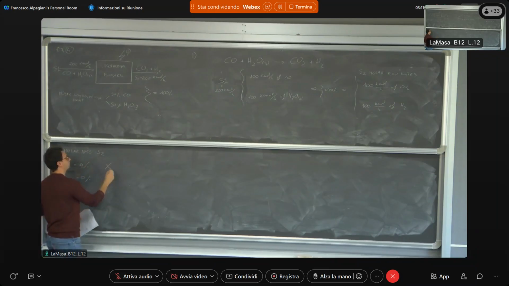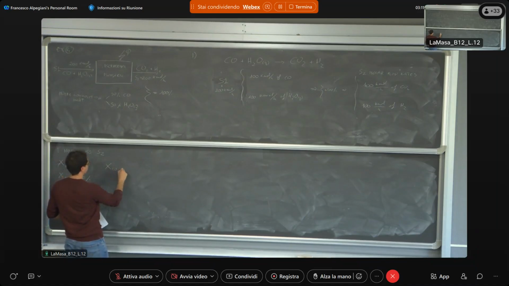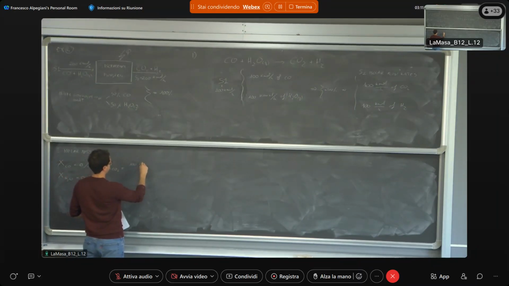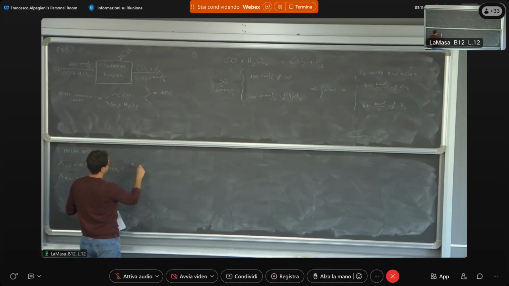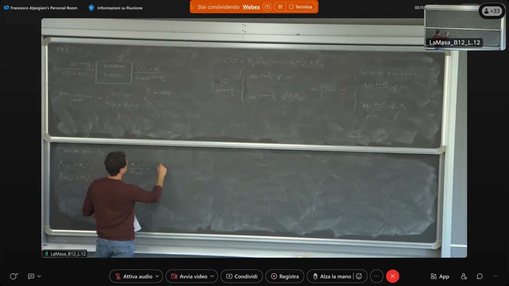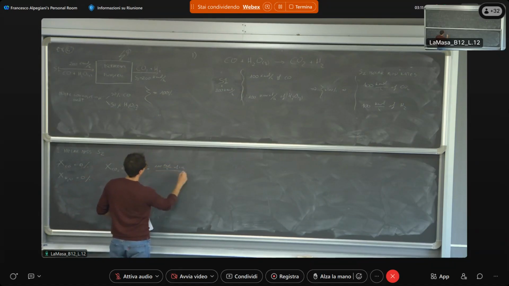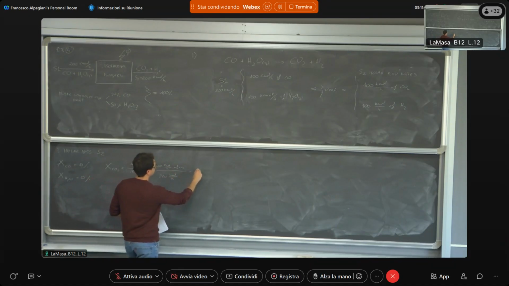While the molar percentage of the CO2 will be given by the ratio between the molar flow rate of the CO2 at the outlet and the total molar flow rate N dot, which is 100 kmol/h of CO2 divided by 200 kmol/h, and this comes equal to 50%.